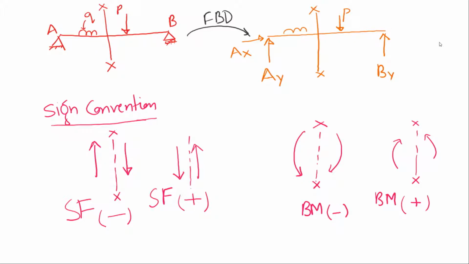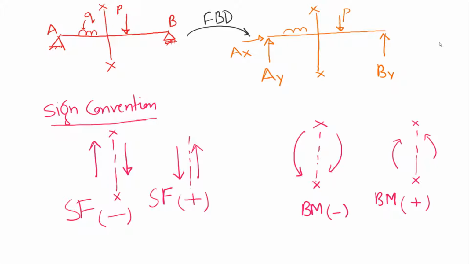First of all, we see how shear force and bending moment at a section are studied. We know that this is a simply supported beam with one end hinged and the other end roller, and a UDL, a distributed load of intensity Q, is acting here.